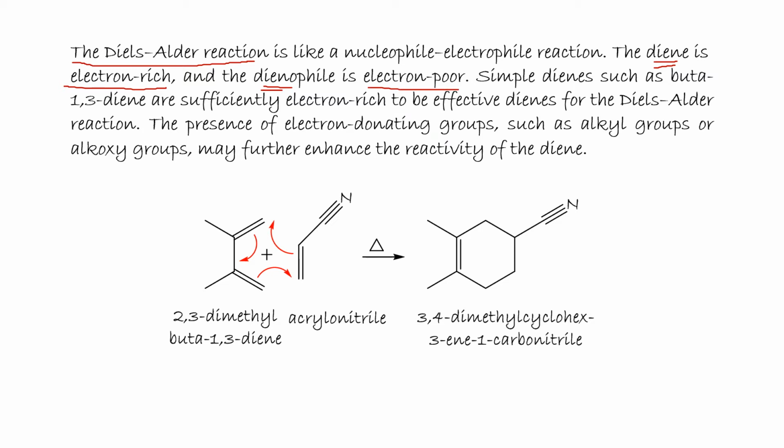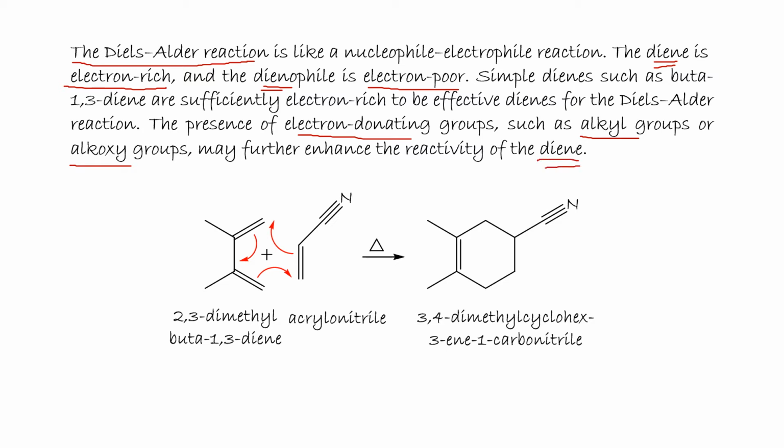Simple dienes such as butadiene are sufficiently electron rich to be effective dienes for the Diels-Alder reaction. However, the presence of electron donating groups such as alkyl or alkoxy groups may further enhance the reactivity of the diene.